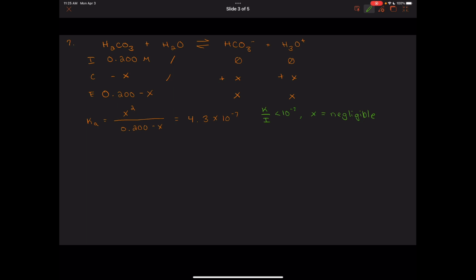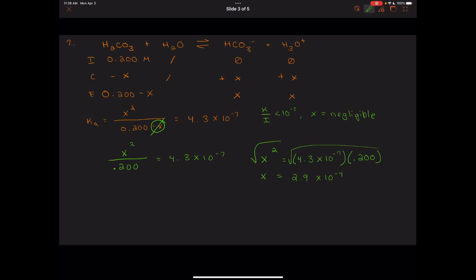So that negligible x allows me to cancel the minus x, so that my equation becomes x squared over 0.2 equals 4.3 times 10 to the negative 7th. Rearranging to solve for x, I'm going to have 4.3 times 10 to the negative 7th times my 0.2. Take the square root of both sides, and we'll get that our x is 2.9 times 10 to the negative 4th.